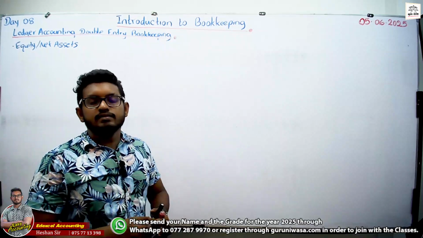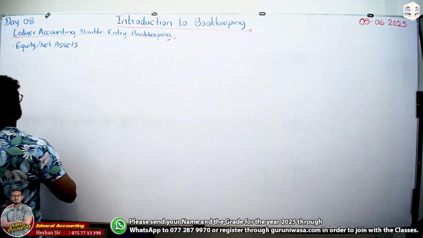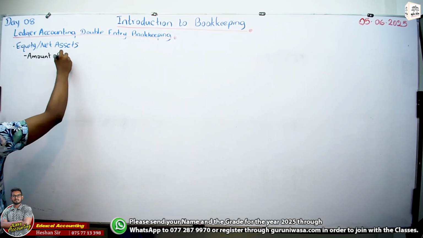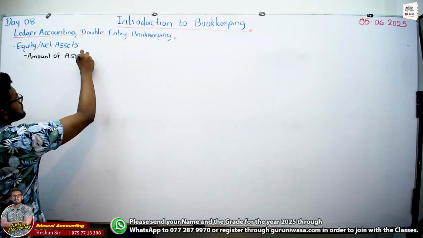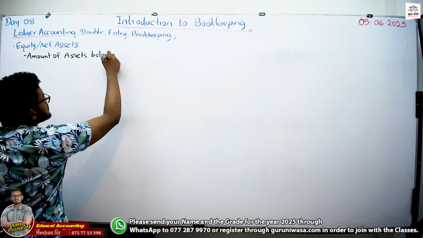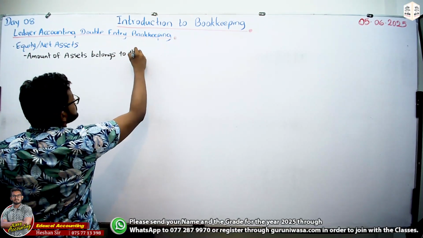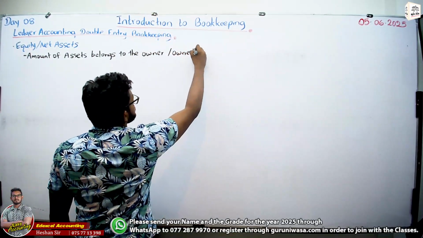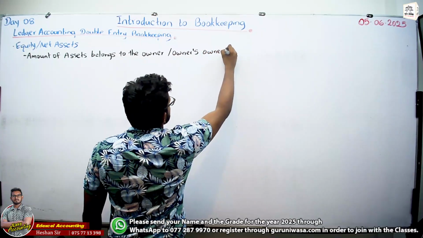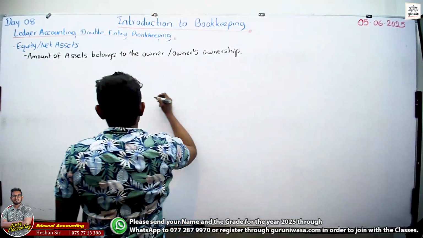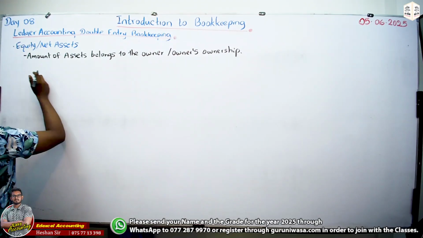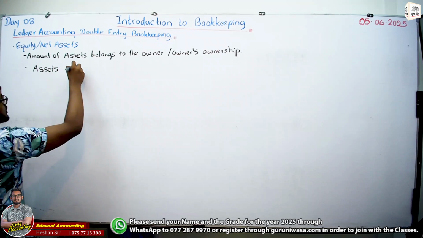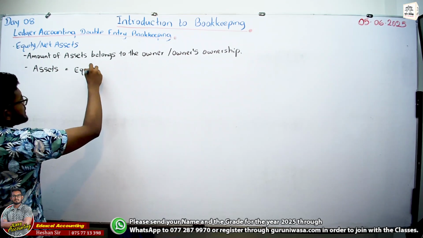Equity is the amount of assets belonging to the owner, or the owner's ownership. Now you know, total assets of the business equal equity plus liability.